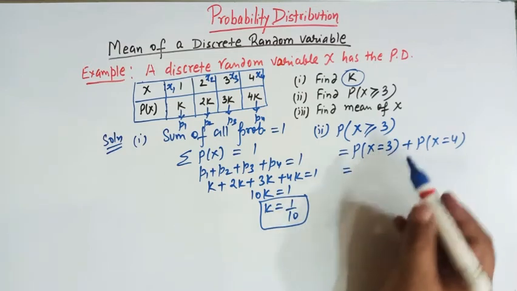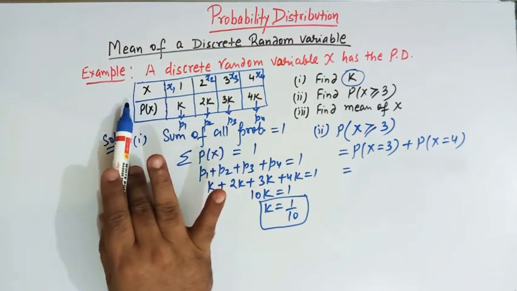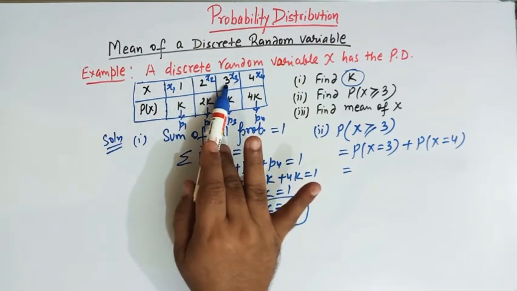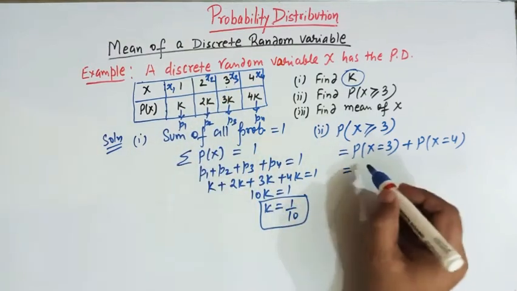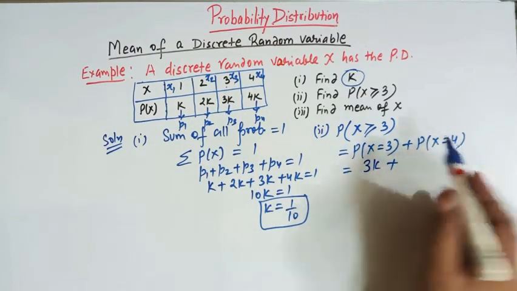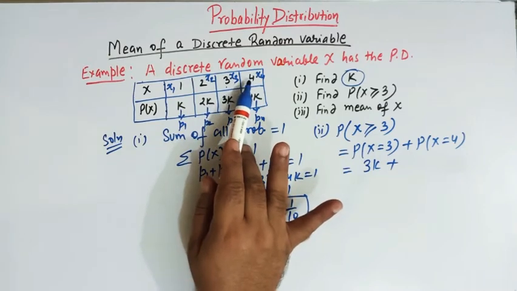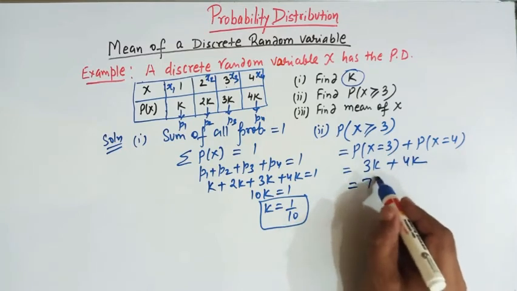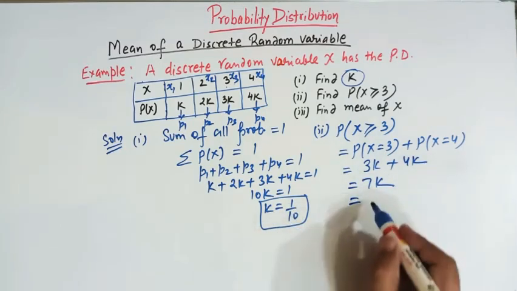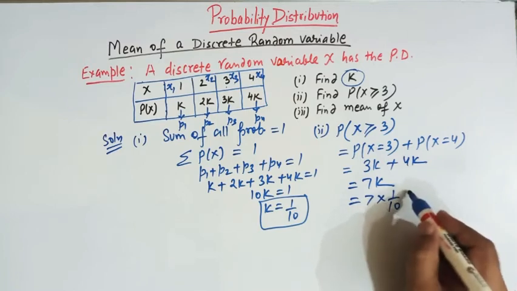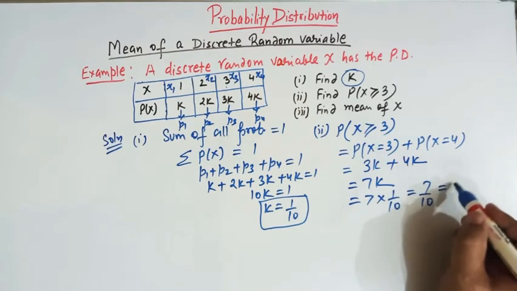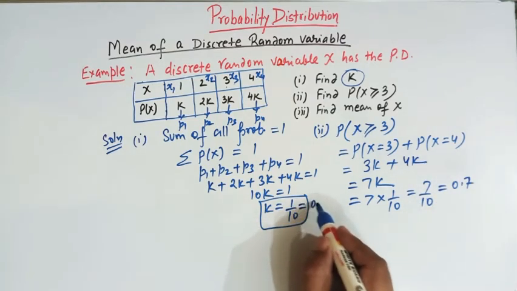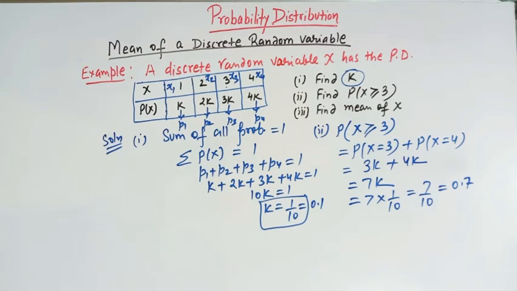Now p of x equal to 3, that is the probability which is corresponding to this value, that is x equal to 3, is 3k, and the probability which is corresponding to x equal to 4 is 4k, so we have 7k, and the value of k is 1 over 10, so this is 7 times 1 over 10, that is 7 by 10, which can be written as 0.7, right?